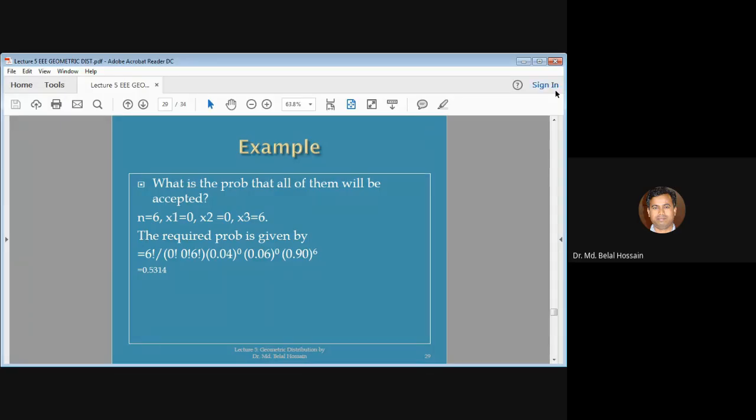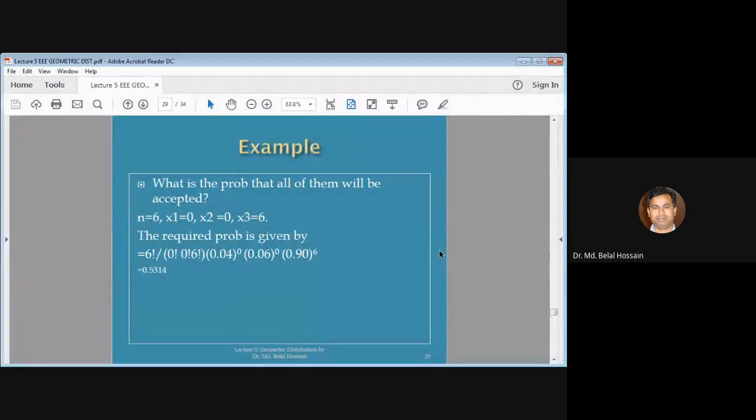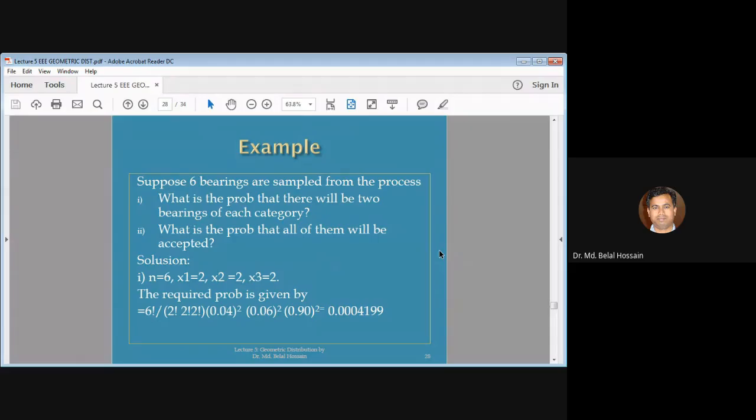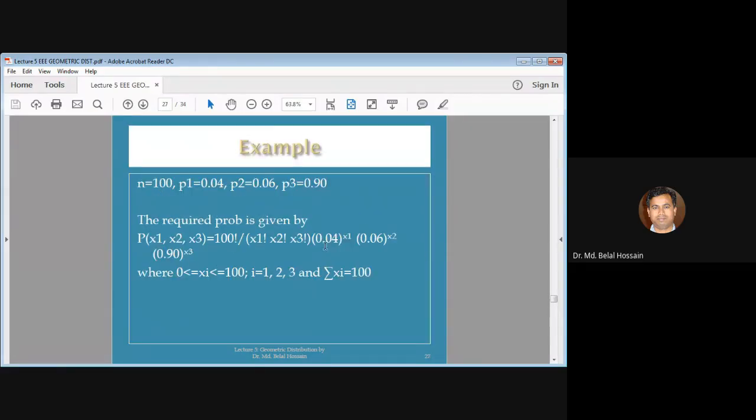যে আপনার যখনই পিএমএফ এরকম মাল্টিনোমিয়াল ডিস্ট্রিবিউশনের ক্ষেত্রে আপনি যখনই তার পিএমএফটা লিখতে পারলেন, ওকে, এরপরে for the given values of x's you can find any probabilities, okay, or any sort of a scheme.